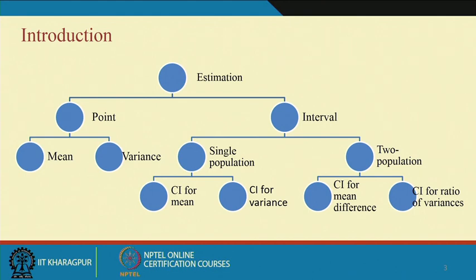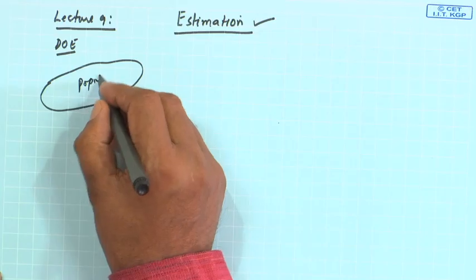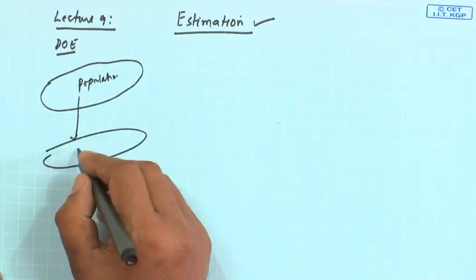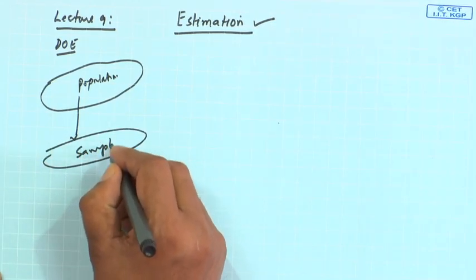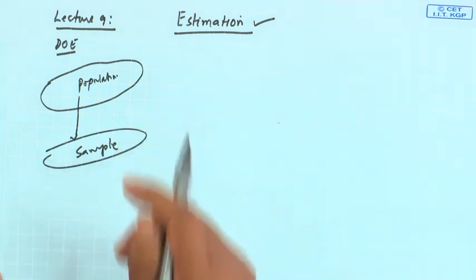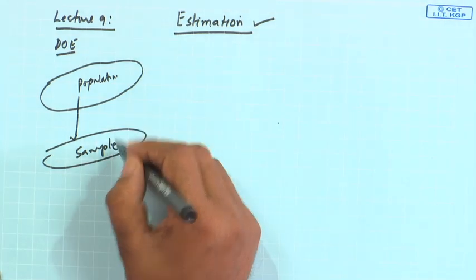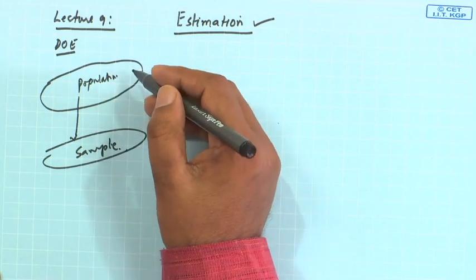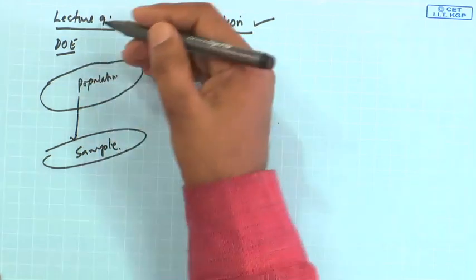Now, I told you in earlier lectures that the concept of population and that of sample are very much related. Sample is taken from the population in order to estimate the population parameter.